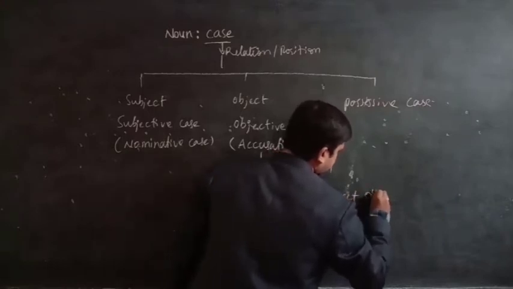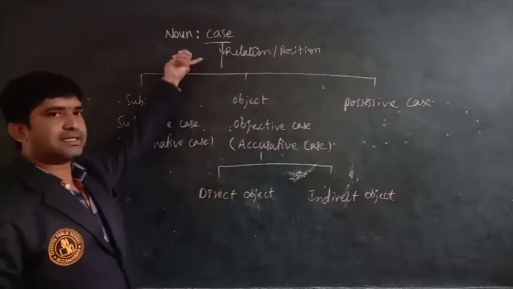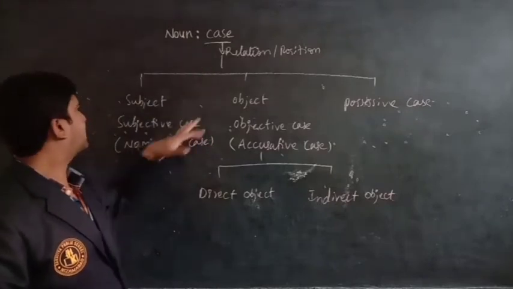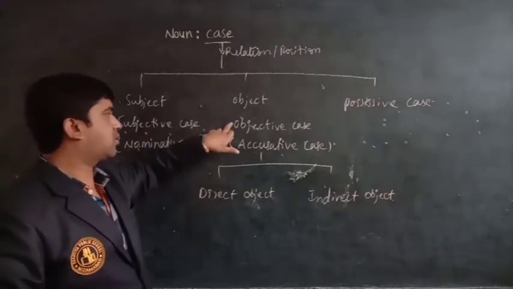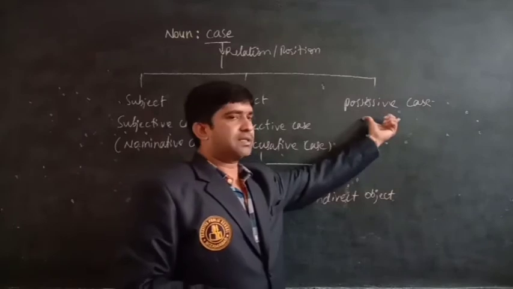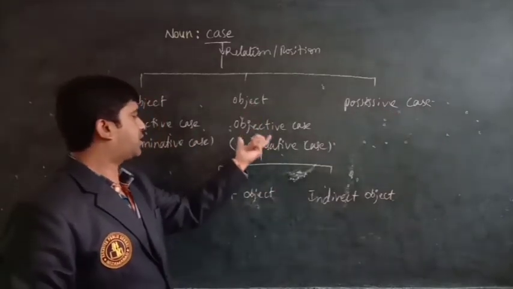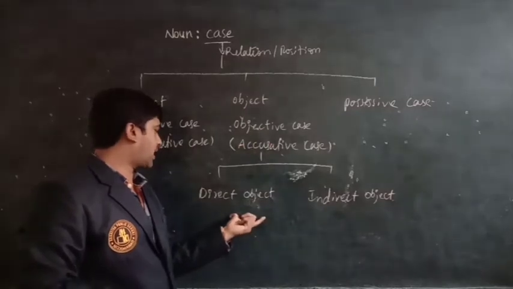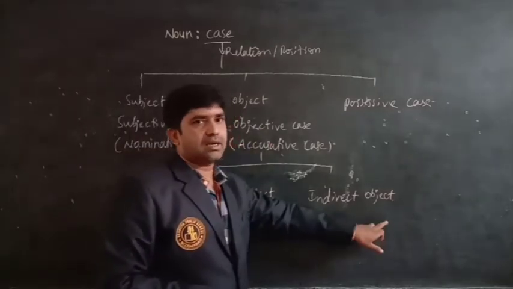So the cases are divided into three types: subjective or nominative case, objective or accusative case, and possessive case. The objective case is again divided into two types: direct object and indirect object.